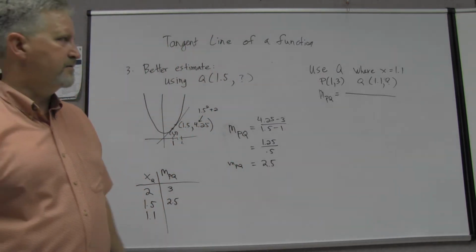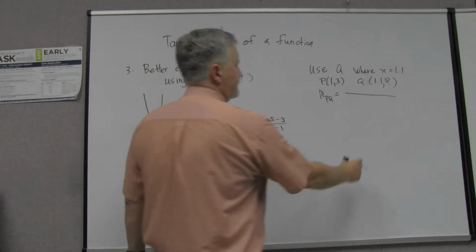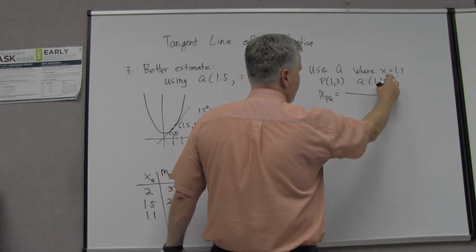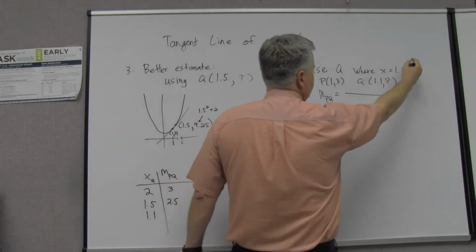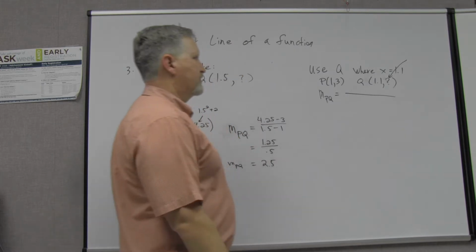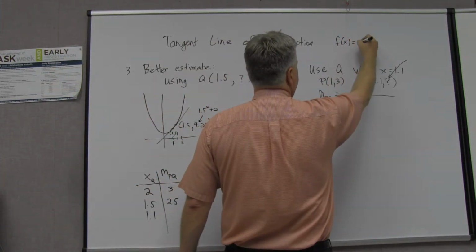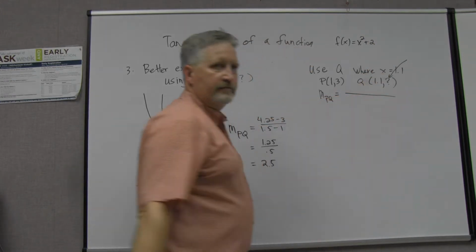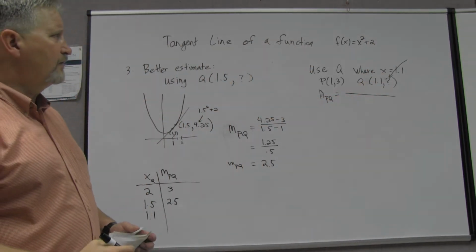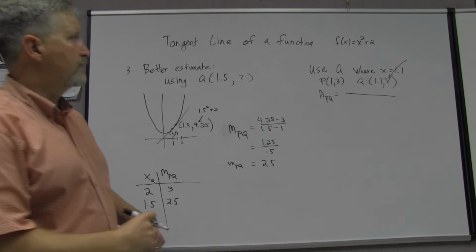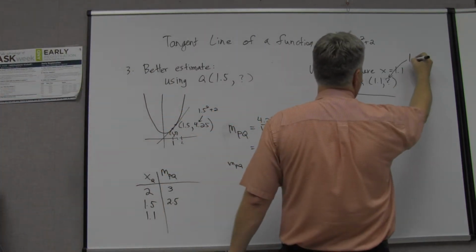So it's the same every time. Now I just have to figure out what is the y value that goes with that. Well, it's always the same function, f(x) equals x squared plus 2, and so that would be 1.1 squared plus 2.